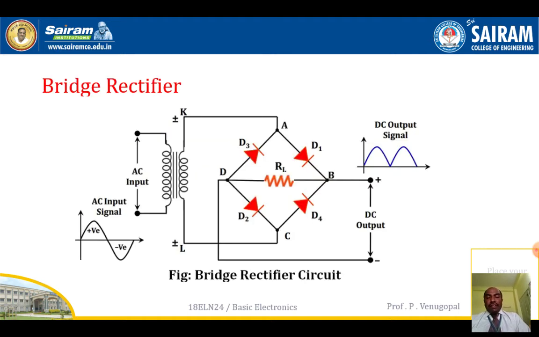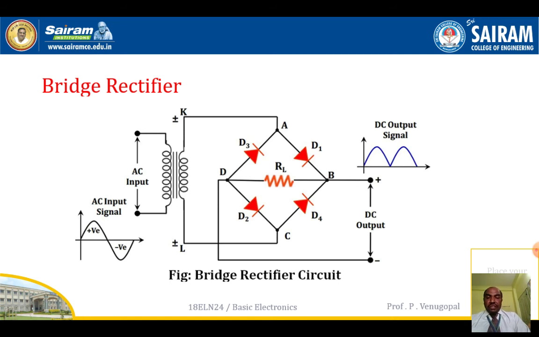Next is the bridge rectifier. To overcome the disadvantages of the center tapped full wave rectifier, which is complex and very difficult to manufacture, the bridge rectifier is used, irrespective of more diodes. In the bridge rectifier, 4 diodes are used to form the bridge network.